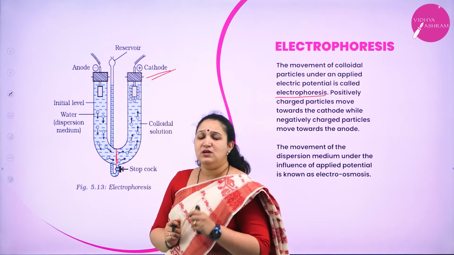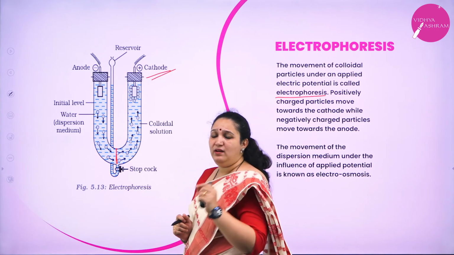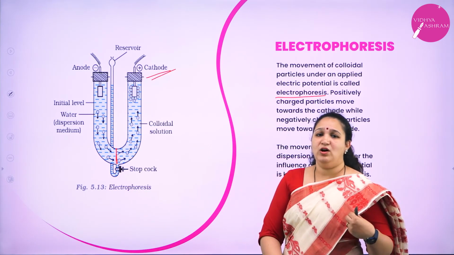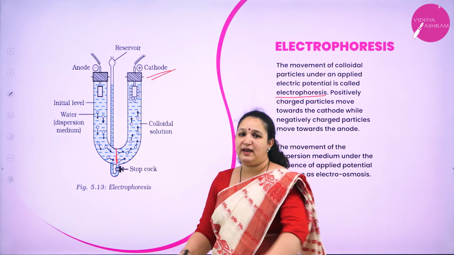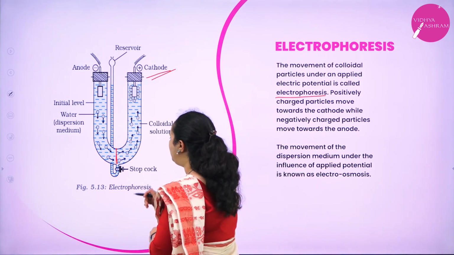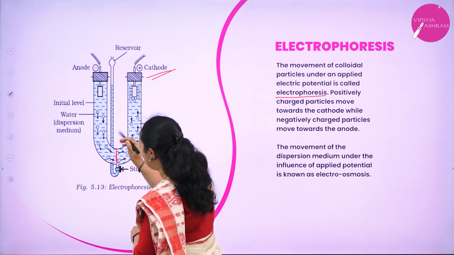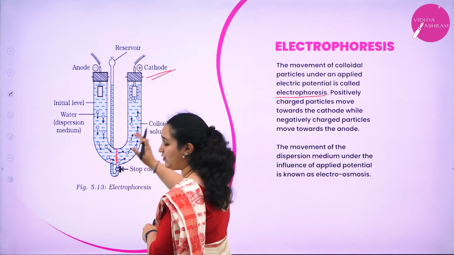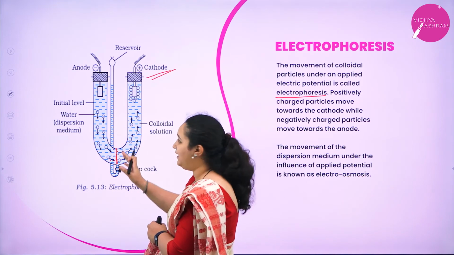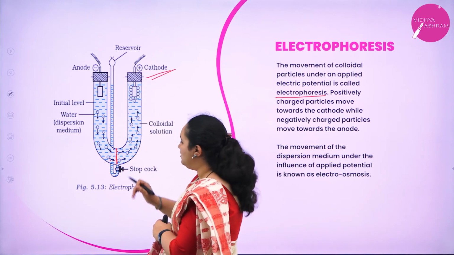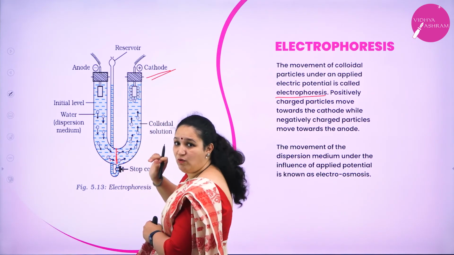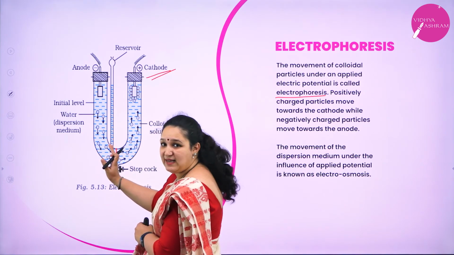We know colloidal particles cannot move through a semi-permeable membrane. Correct? So what happens here? All the colloidal particles will be stuck at one end because they cannot move. For example, it is a negatively charged colloid, it will want to go towards cathode. So whatever is at this end will move off, the others will remain as they are.